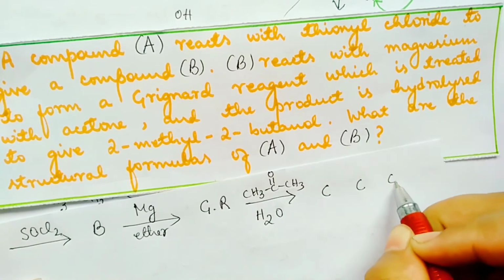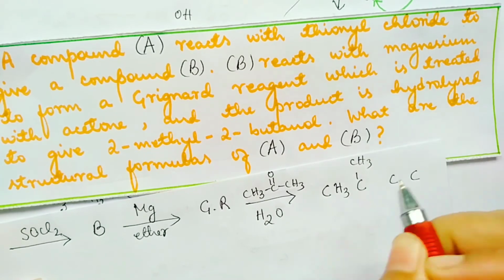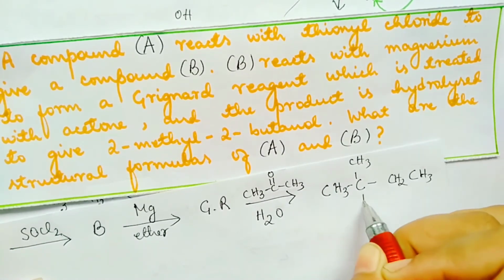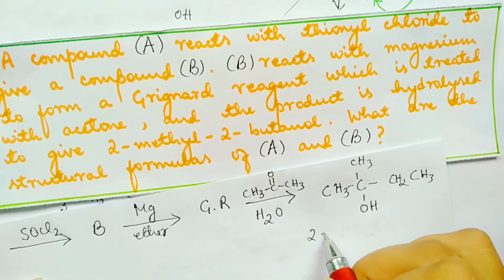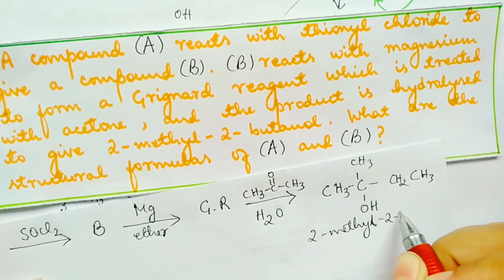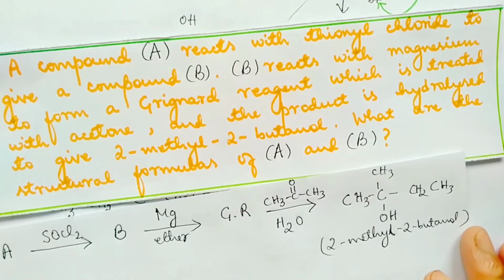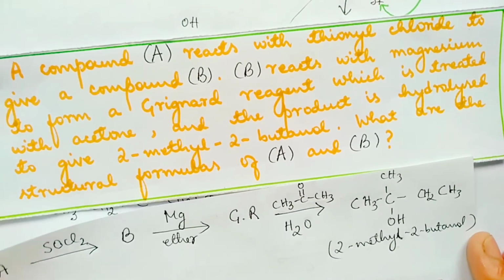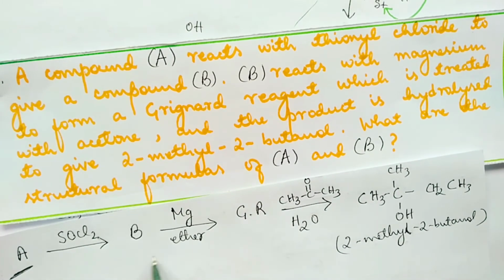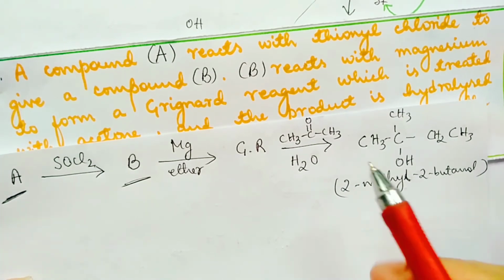1, 2, 3, 4. 2-methyl, this is your 2-methyl-2-butanol. Okay, you have to write the structural formulas of A and B. So see here, the hint is from here.